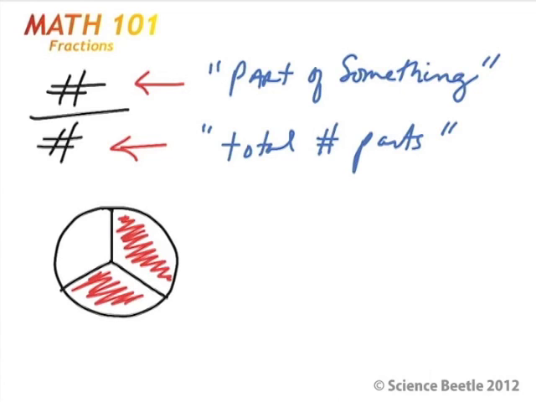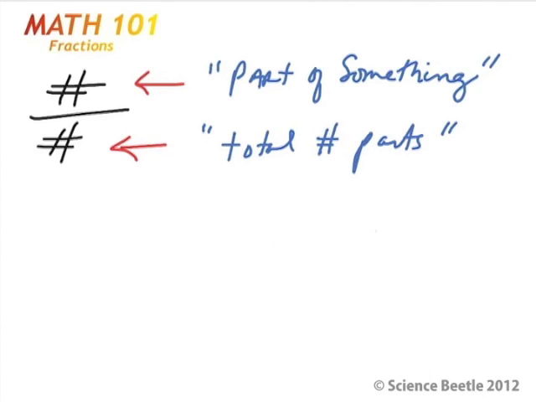Well, since we now know that we've got 1 part, 2 parts, 3 parts, the total at the bottom here is equal to 3. And so let's write this slightly differently. We are interested in the shaded parts, and since we've got 2 parts that are shaded, the part that we're interested in is equal to 2. So the answer here would be 2/3.